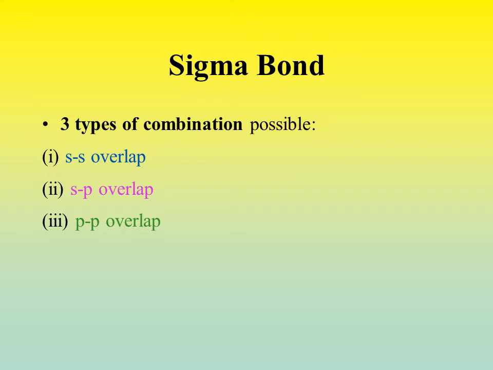Let us consider atoms that have s and p orbitals. In this case, there can be three types of combinations for the sigma bond. The first is an s and s overlap. The second is an s and p, and the third is a p and p.